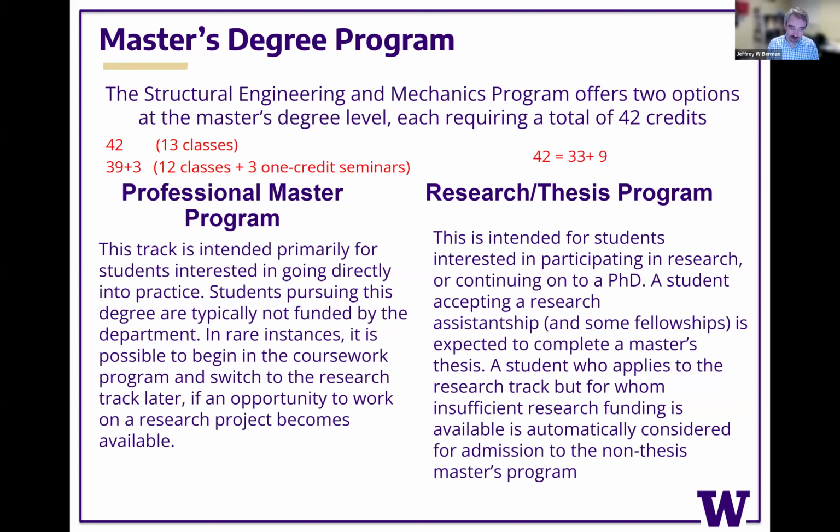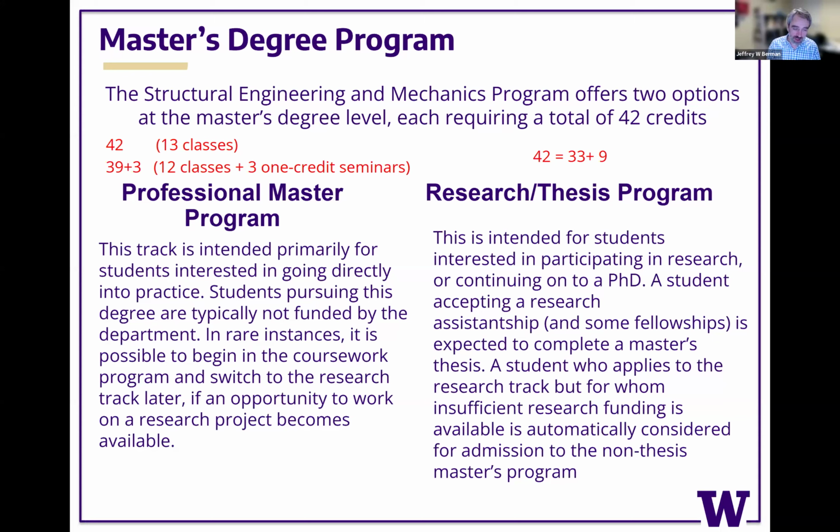For the professional master's program, that is just 42 credits of classes. It is still a competitive program to get into, but typically if you're coming from a U.S. institution, you have a Bachelor's of Science in Civil Engineering, typically with something like a 3.3, 3.4, you're going to be granted admission.